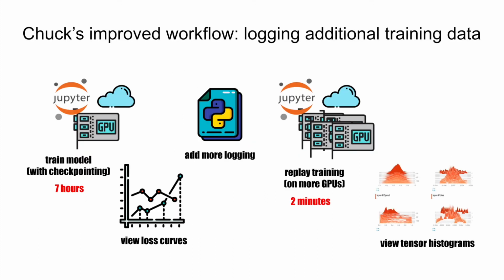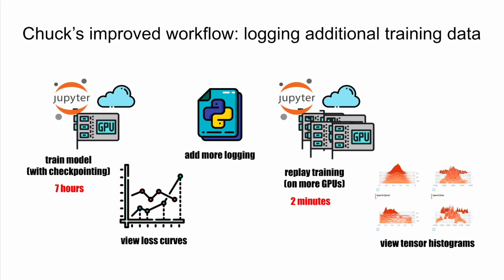So let's recap by taking a look at Chuck's improved workflow, one where Chuck performs auto-record and auto-replay. He would still train the model as he used to, and because the record imposes very low overhead, it would still take him just as long to train.